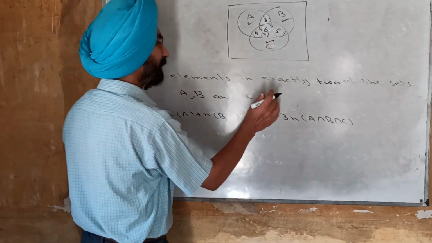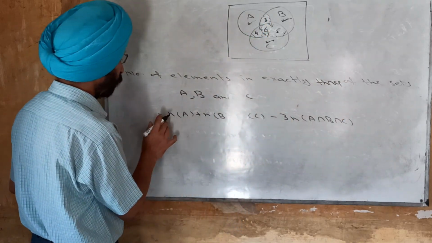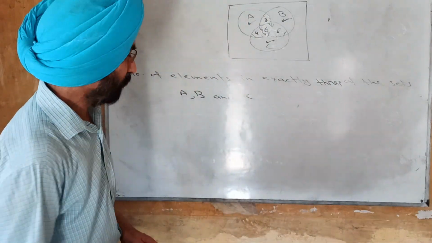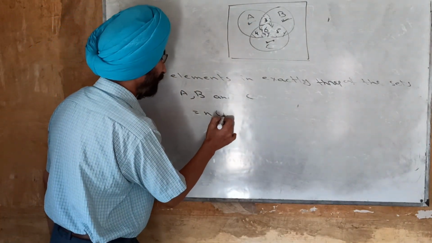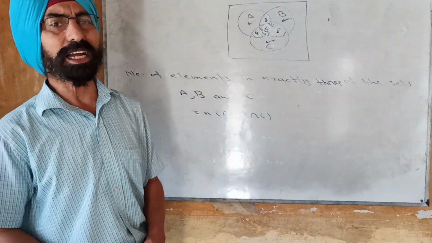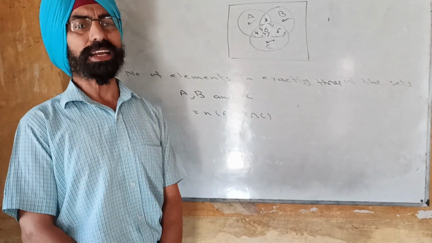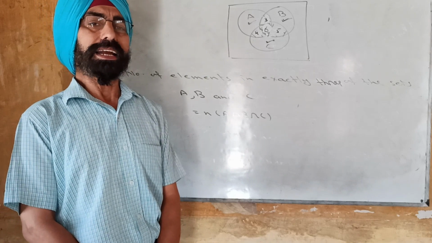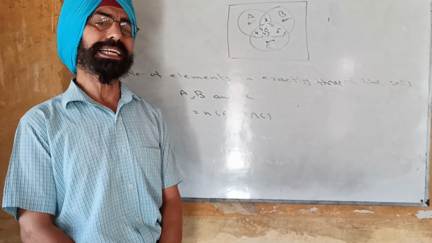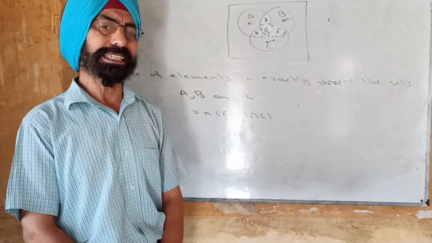And the number of elements in exactly three of the sets will therefore be straightforward: the number of elements in A intersection B intersection C, because it is a common portion. If we are to find the number of elements in at least or at most two sets or in at least one set, then by adding these we can get the further results.